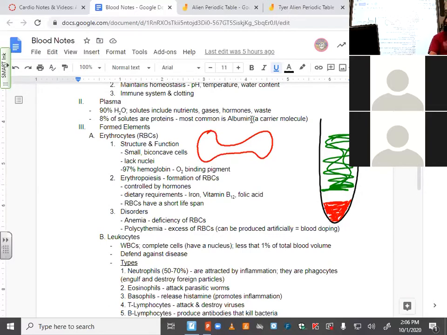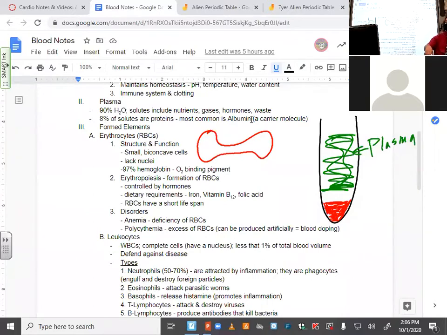You could have good iron and maybe have a folic acid deficiency or a vitamin B12 deficiency, or have something else going on, like bone cancer or something like that. But anemia is not directly an iron deficiency. Anemia is a deficiency of red blood cells, which is usually caused by an iron deficiency.